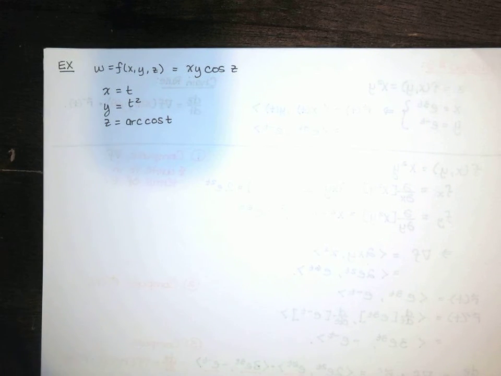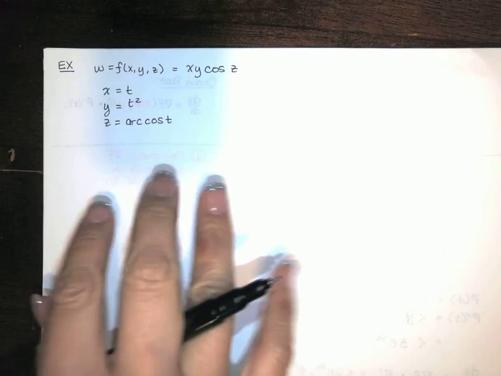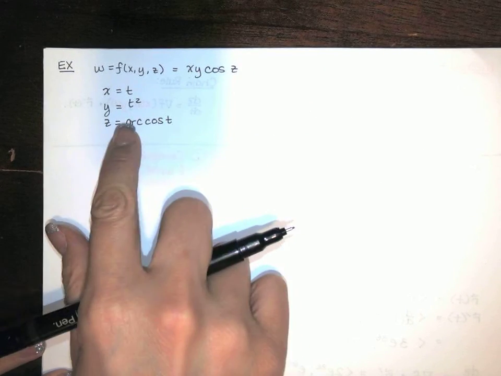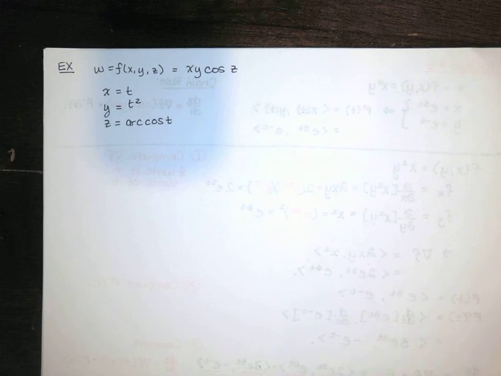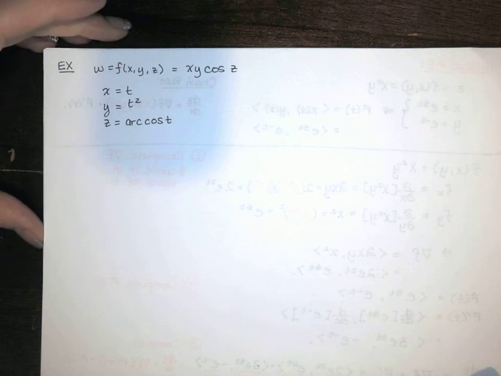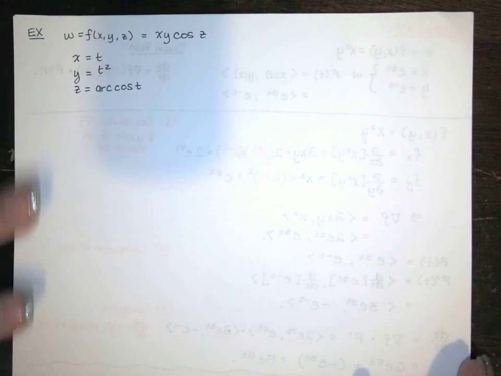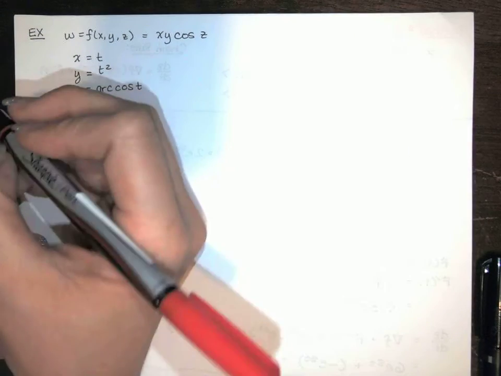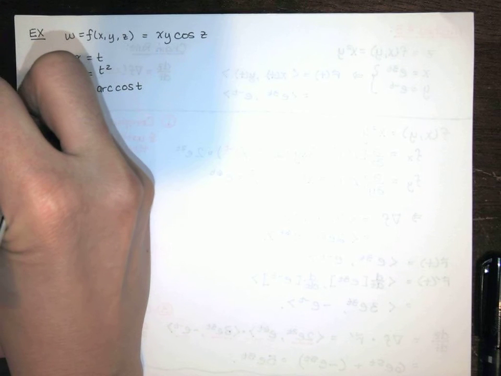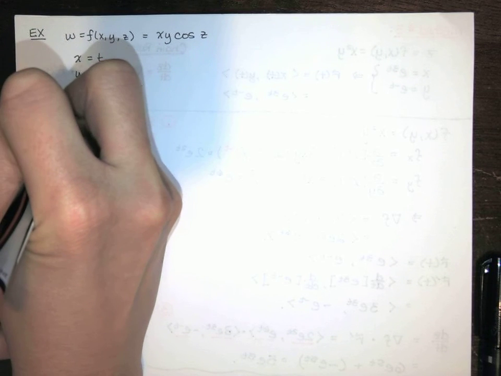Well, we could do this problem 3 ways as well. We could just take the composition. We could replace the x with x of t, the y with y of t, and the z with z of t, and then compute the derivative that way. That's the easiest way. Or we can use those 2 versions of the chain rule that we just talked about. So let's use the very easiest way first.